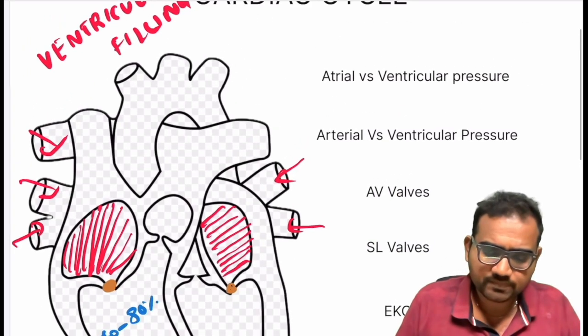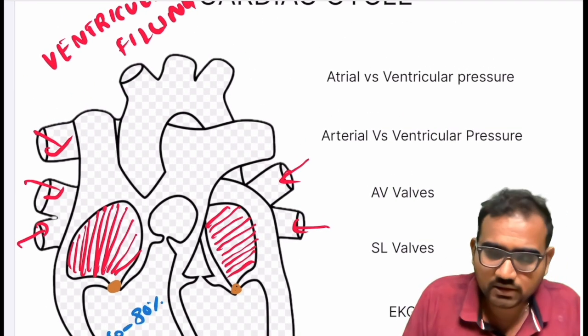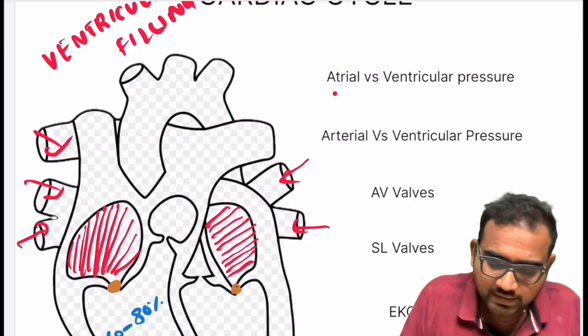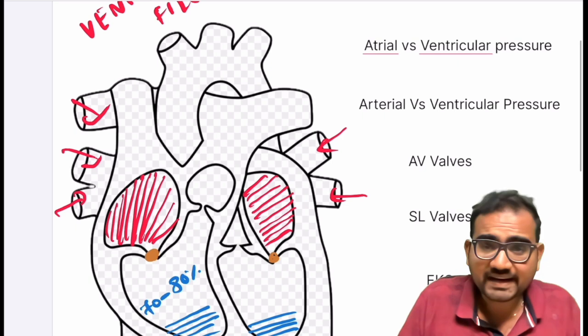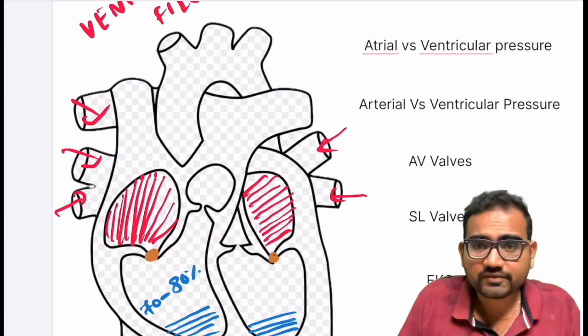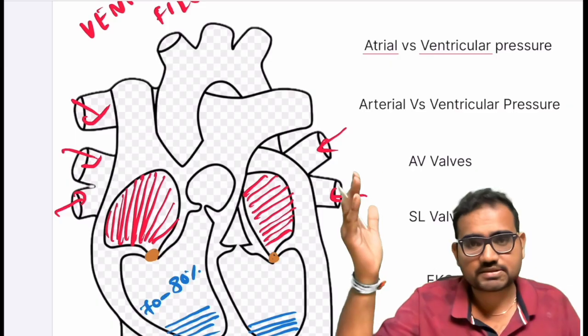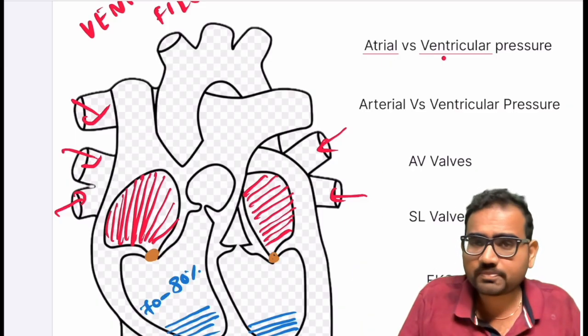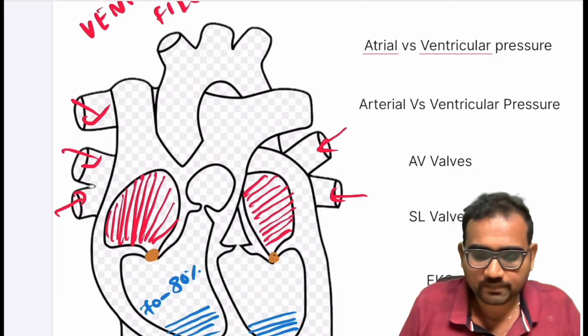So in this phase, I'll tell you a very simple way to distinguish between a few terminologies which will be confusing. Atrial and ventricular pressure. Atrium means right and left atrium, not the arteries. So atrial and ventricular pressure means right atrium, left atrium versus the right ventricle and the left ventricle.